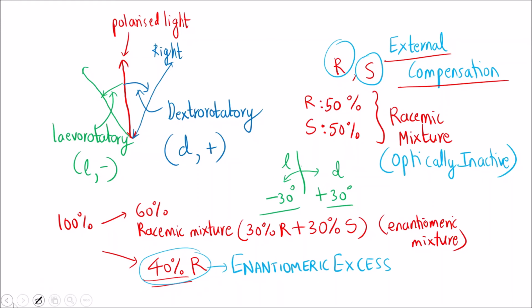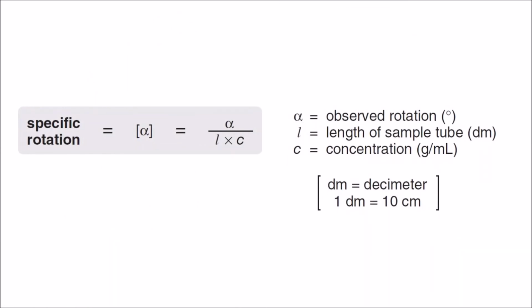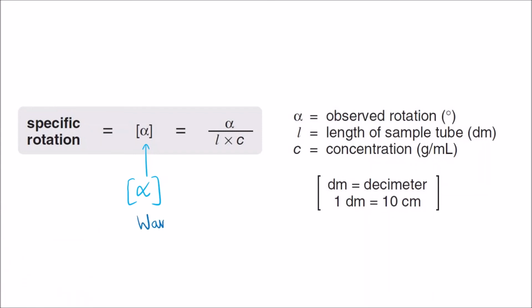Okay, so now let us try to understand how we actually calculate the specific rotation. This specific rotation is denoted by a square bracket. Within that square bracket there is alpha, and this specific rotation is measured at a fixed wavelength and temperature. And this specific rotation is equal to alpha, that is the observed rotation.